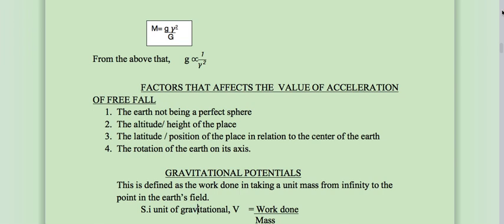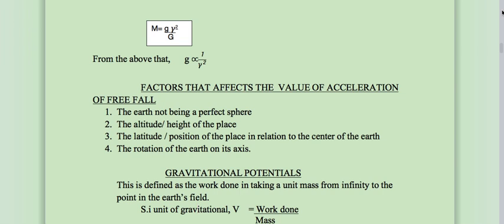Let's look at what we call gravitational potential. Let me define it. This is defined as the work done in taking a unit mass from infinity to a point in the Earth's surface. That's what we call gravitational potential.